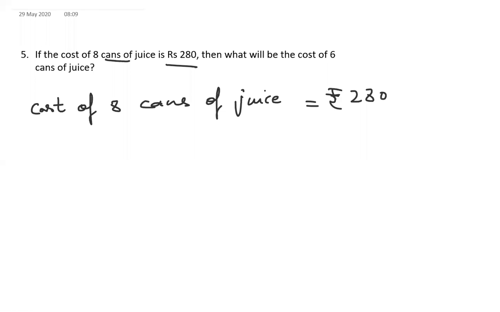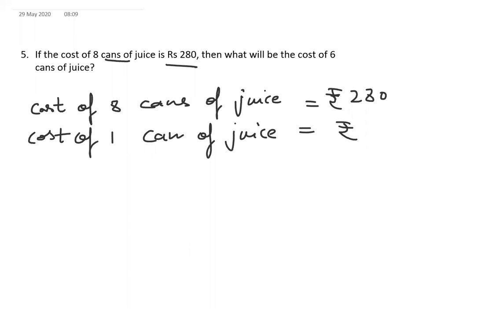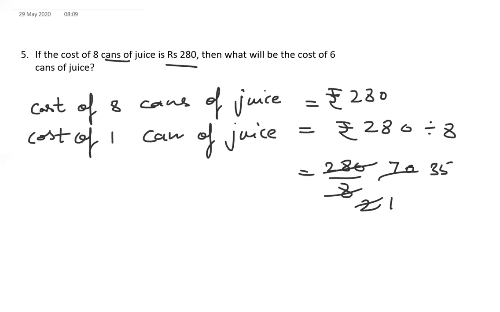The cost of 1 can of juice is equal to 280 divided by 8, 280 upon 8. Can you reduce it by 4? Yes. 4 2s are 8, 4 7s are 28. 0 as it is, 2 1s are 2, and 35. So cost of 1 can of juice is rupees 35.